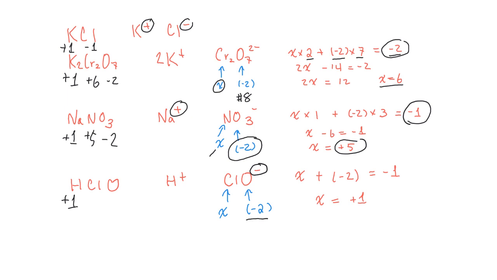And we want to determine the oxidation number of chlorine, and we can put it as X. So if we add these oxidation numbers together, that will be the charge of the hypochlorite anion. And then if we solve for X, that will be +1. Therefore, the answer in this case is that oxygen will have a -2 oxidation number and chlorine will have a +1 oxidation number.